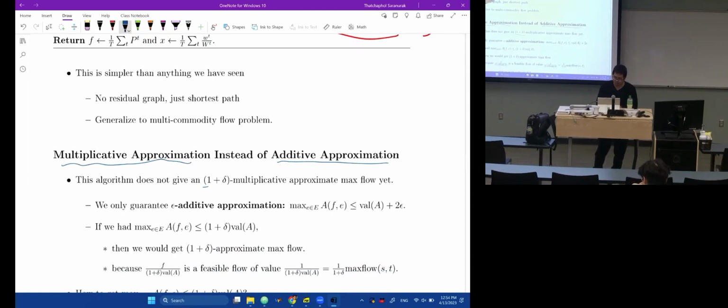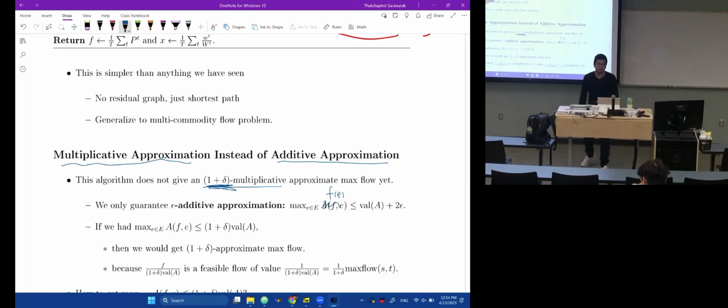It does not give you multiplicative approximation yet, because what we only have is some additive approximation, where this is just the congestion on each edge. The max congestion on each edge is almost best up to additive error.